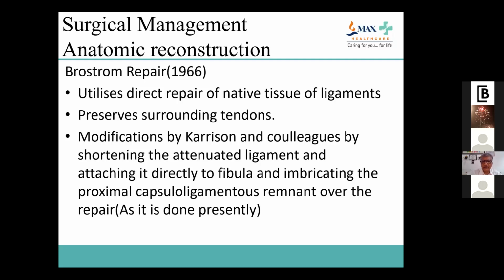Later on, Gould modified his technique by shortening the attenuated ligament and attaching it to the fibula, which is most often done nowadays. So what we do nowadays is basically a modified Brostrom repair, where we reattach the ligament by imbricating it, shortening it to the anterior end of the lateral malleolus.